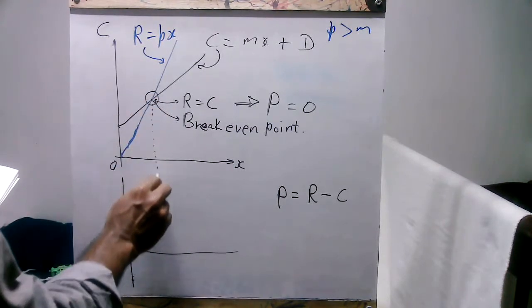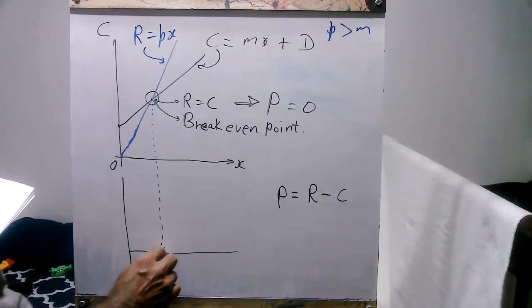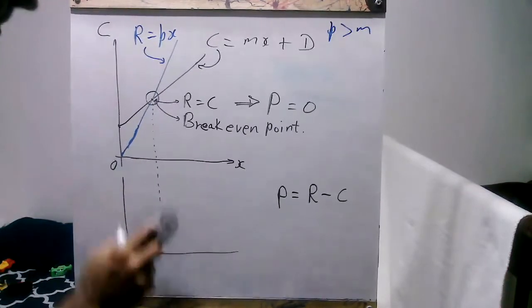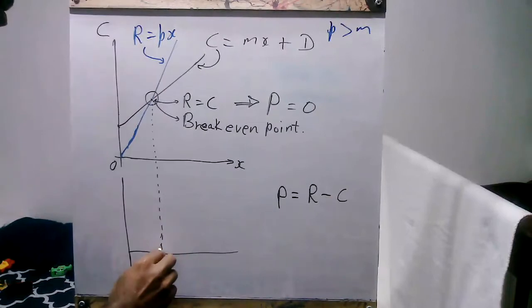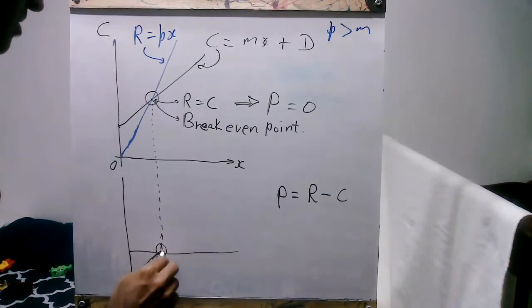Let's get this break-even point. At the break-even point, it is 0. It should go through this point.